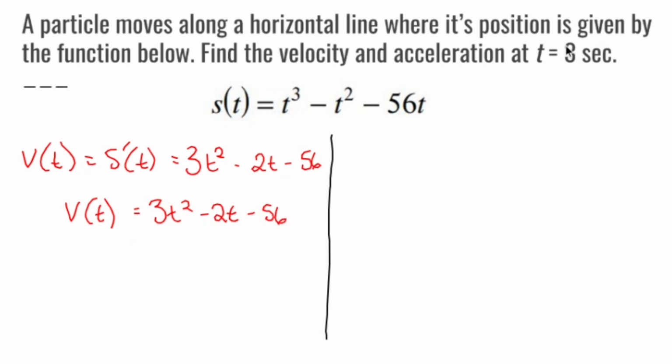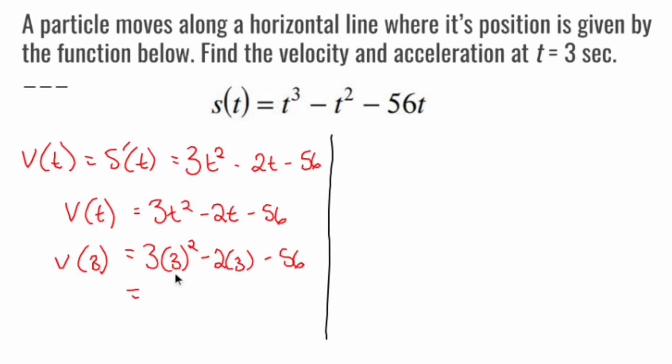What I care about is what happens at 3 seconds. So v of 3, which is s prime of 3, is going to be 3 times 3 squared minus 2 times 3 minus 5.